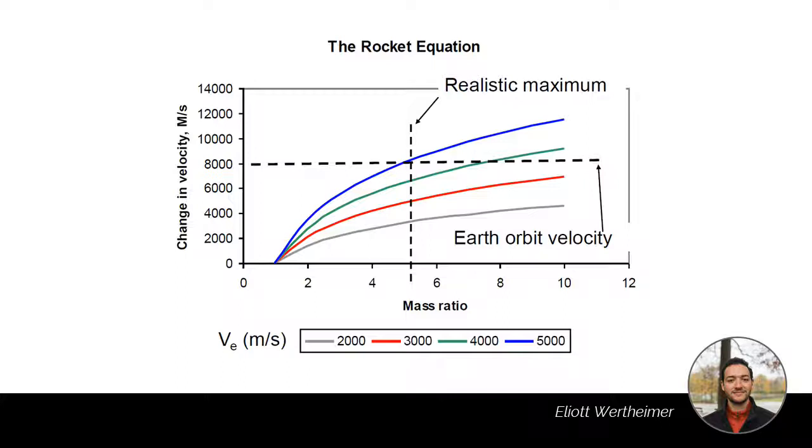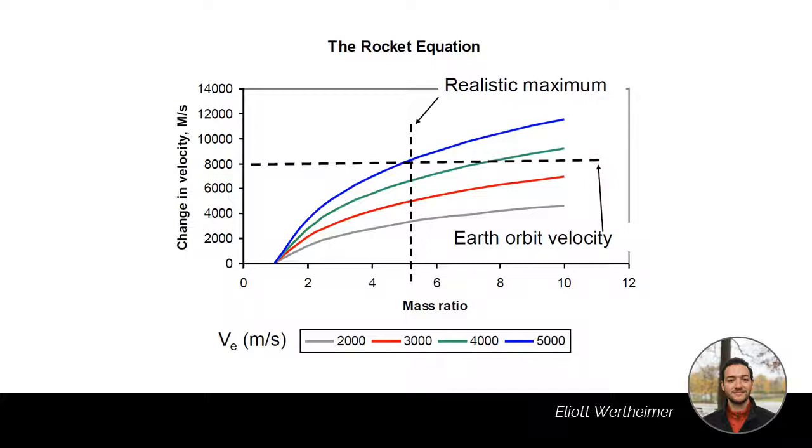The horizontal dotted line, which is fixed at approximately 8000 meters per second, represents the minimum velocity needed to achieve a low Earth orbit. And what this graph shows is that, to achieve such an orbit, a mass ratio between 5 and 8 is needed at the exhaust velocities quoted below, which are typical chemical exhaust velocities.